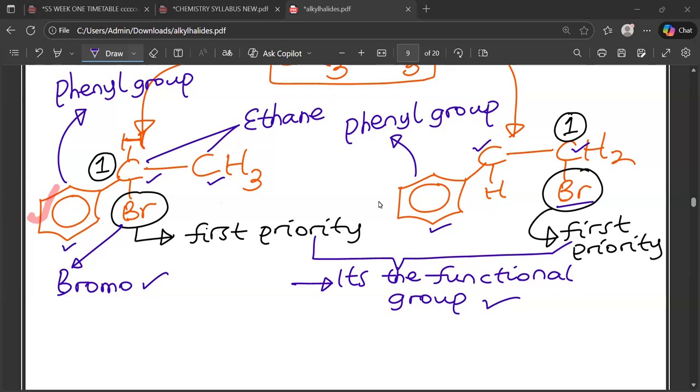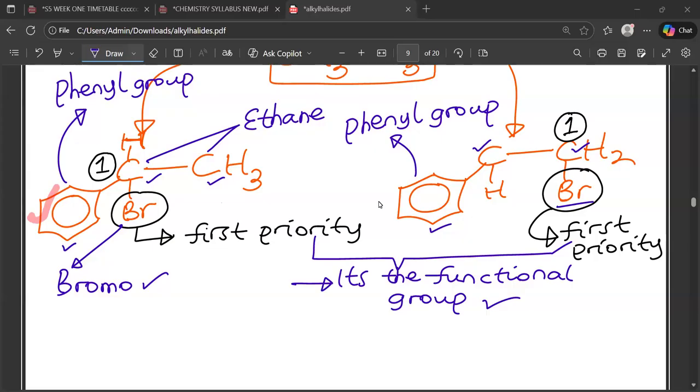Since you have said that bromo is taking the first priority because it's a functional group, since it's on the first carbon atom of the ethane, I can say 1-bromo-1-phenylethane. That's the first one.